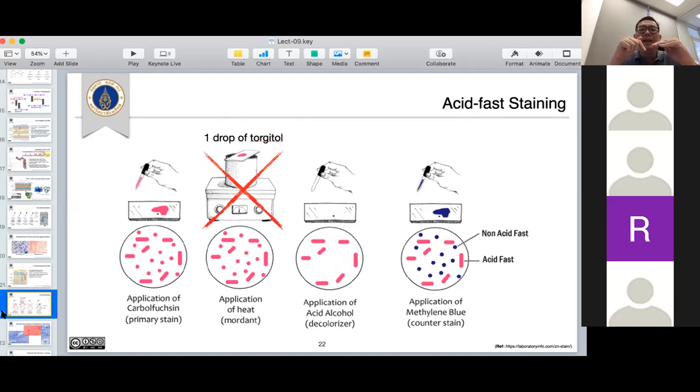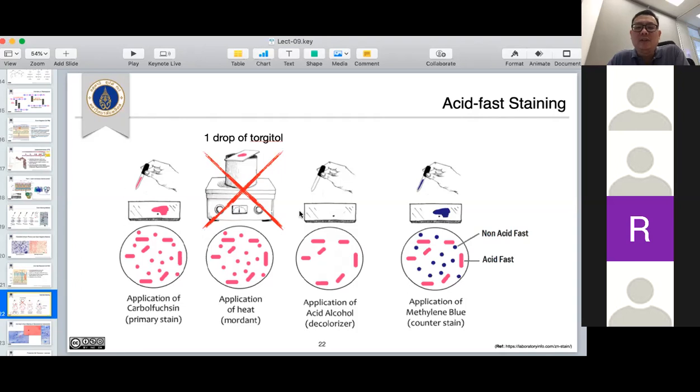So in the conventional method, we apply heat by boiling water and put the slide over the boiled water and let the cells swell a little bit, and then carbolfuchsin can move inside. But now we use the modern method, a tergitol. Tergitol is another substance added to wash away some waxy fatty acid, and then let the carbolfuchsin move inside the cell easily.